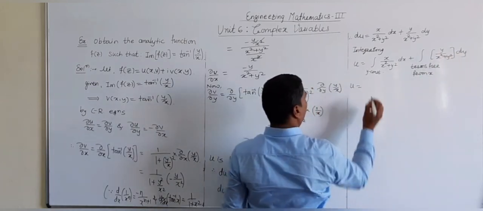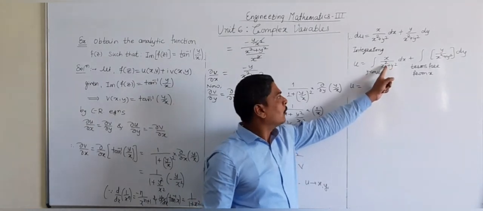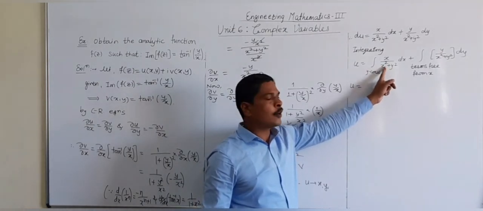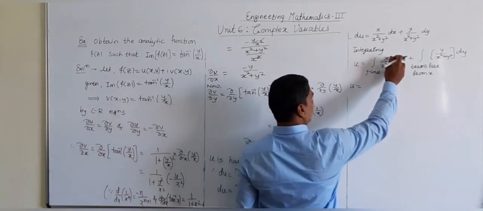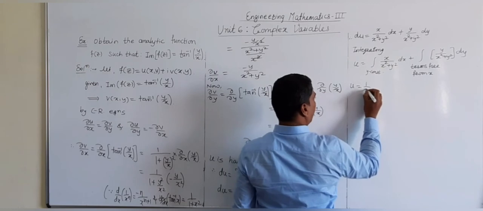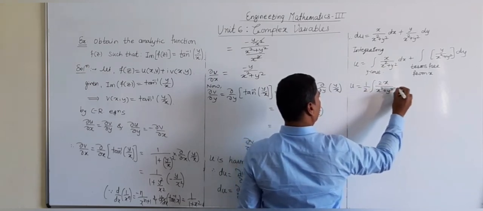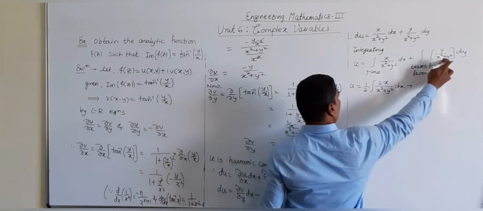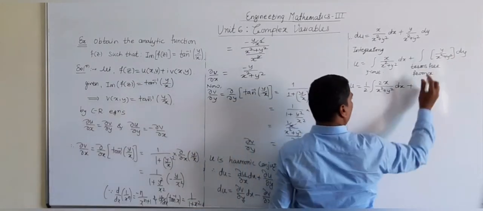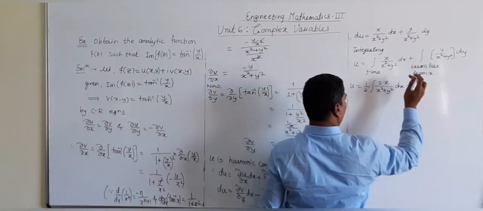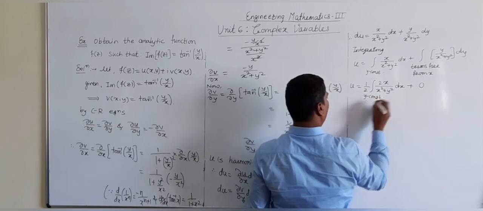So we get u is equal to, now here y is constant and the derivative of the denominator function, the derivative of x square plus y square, is 2x, which is in the numerator. Just 2 is remaining, so multiply and divide by 2. So we get 2x upon x square plus y square dx, plus, in this function no term is free from x, so the integration is 0. Now apply the formula.